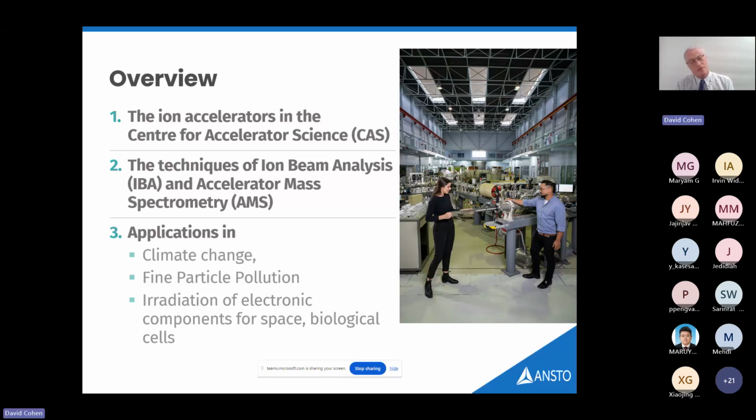And then I'll go thirdly into some applications that we're doing and how these accelerators can contribute to research and adding data in areas such as climate change, fine particle pollution, which is obviously a big issue around the world and in Asia at the moment, and also how these ion beam accelerators can be used for irradiation of electronic components in space and for irradiating biological cells.